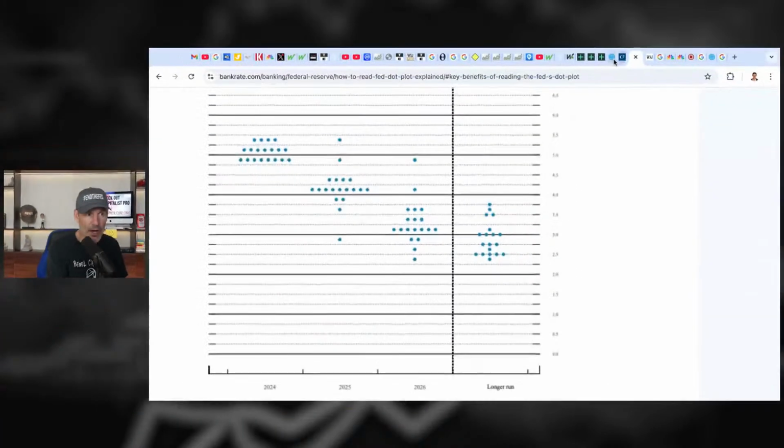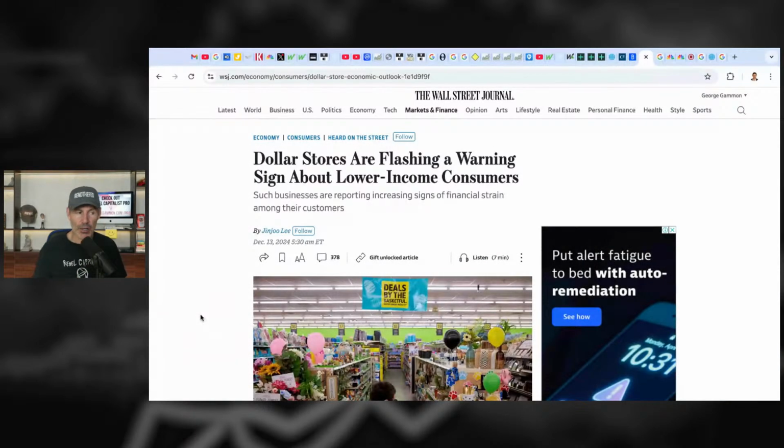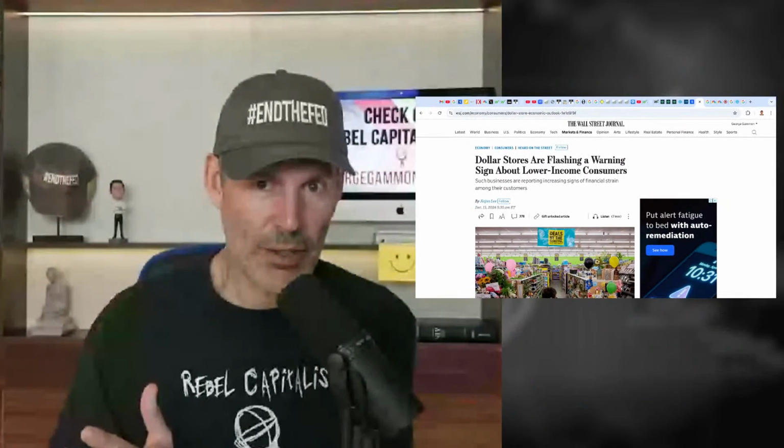And just as a reminder here, let's go back to the dollar store. Let's go back to this story, right? Dollar stores are flashing a warning sign about the lower end consumer. My point here is when you look at the distress of the poor and middle class right now, then you look at the opulence of, let's just say, the top 20%.